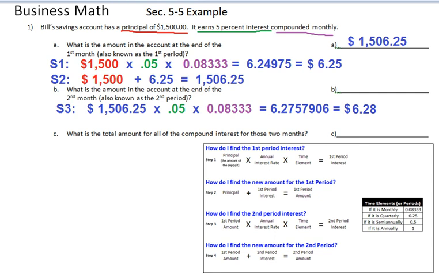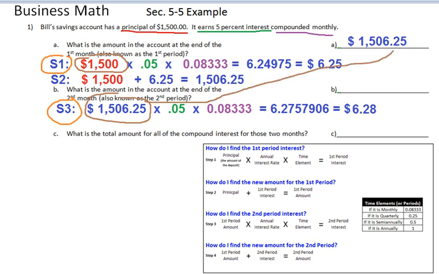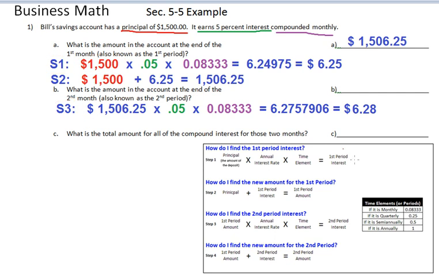Once again, just as a reminder, step 3 is very similar to step 1. The big difference is instead of using 1500, we use 1506, which we got from up here. And the answers are really similar. This one was $6.25. This one went up by about 3 cents. So it's pretty close.